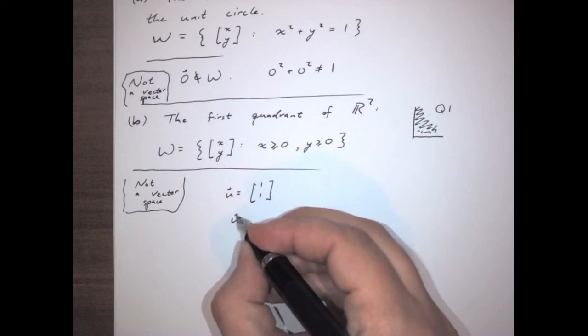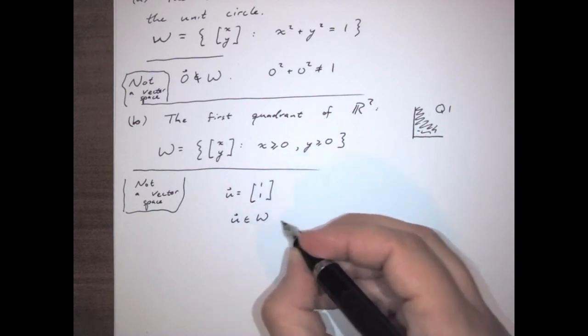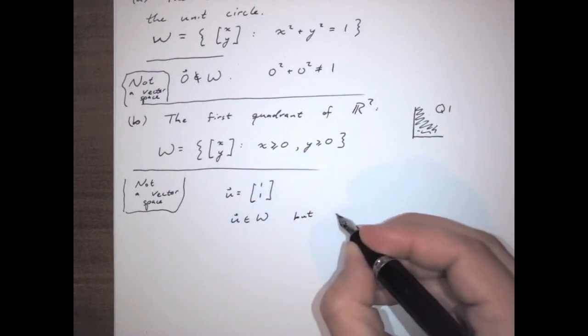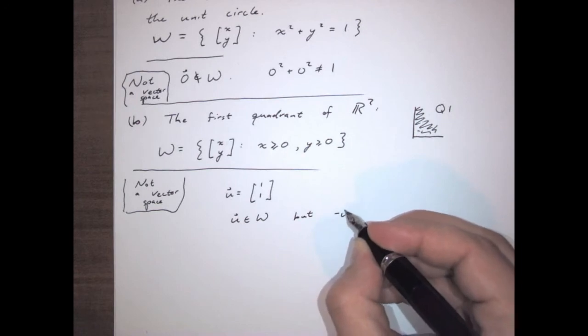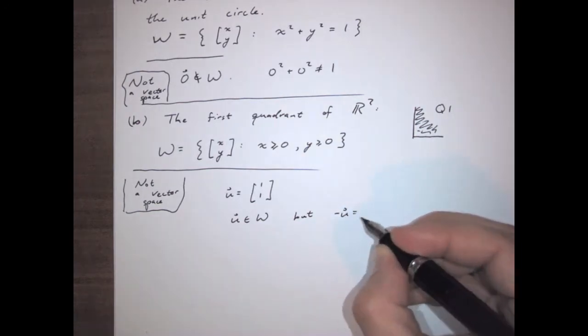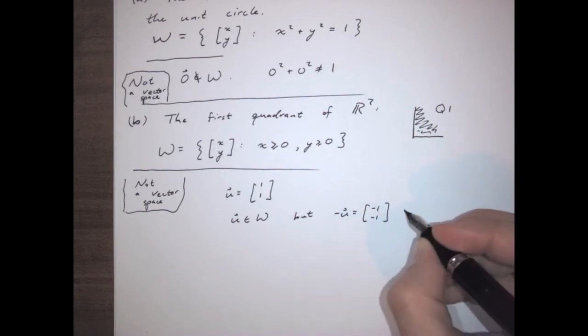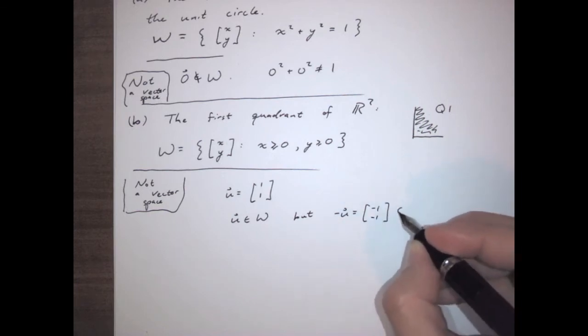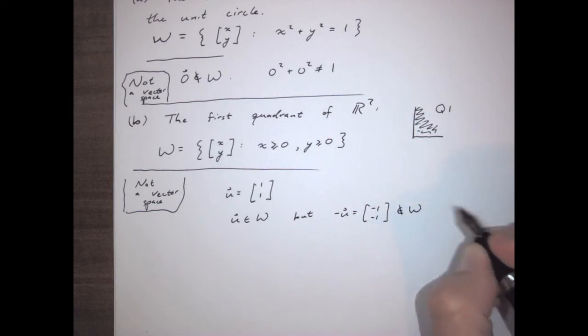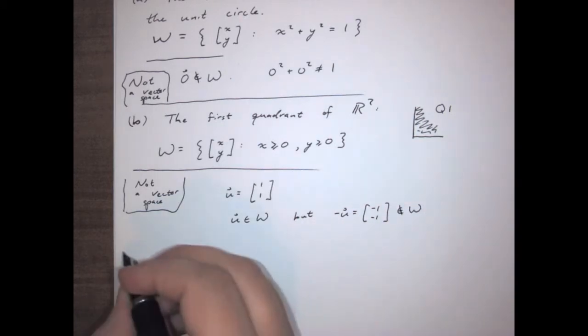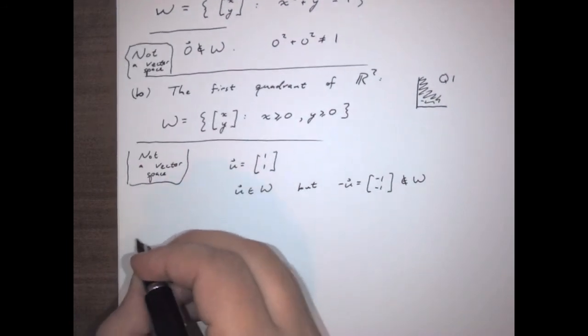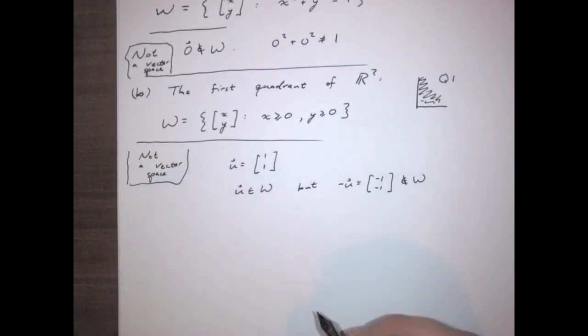So u is in W, but negative u, or negative 1 times u, is not in W. Okay. So there's another example of the way you can fail to be a vector space, even if you can add together 2 elements, even if 0 is in there. It might fail on the scalar multiplication.